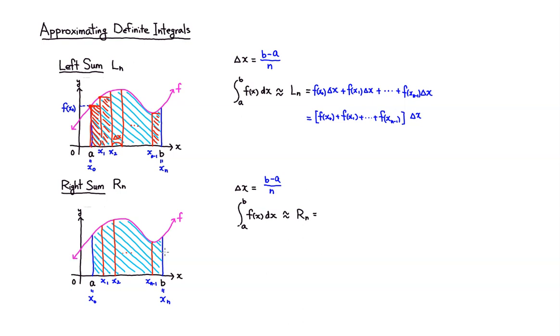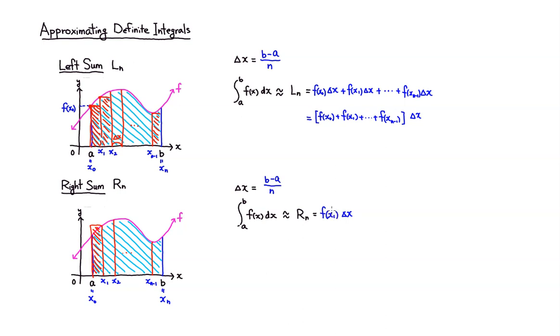So this time, when you determine the height of each rectangle, we're going to use the right endpoint. So the first one, right endpoint would be at the x1. So we plug in x1 into the function, and we have a rectangle which is taller than before. Then the area of that is the base is delta x, height is f of x1.